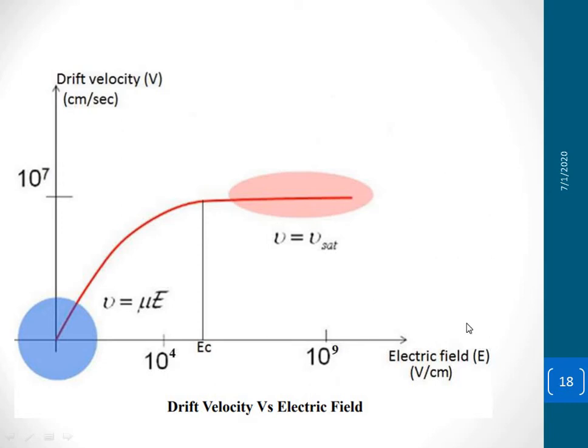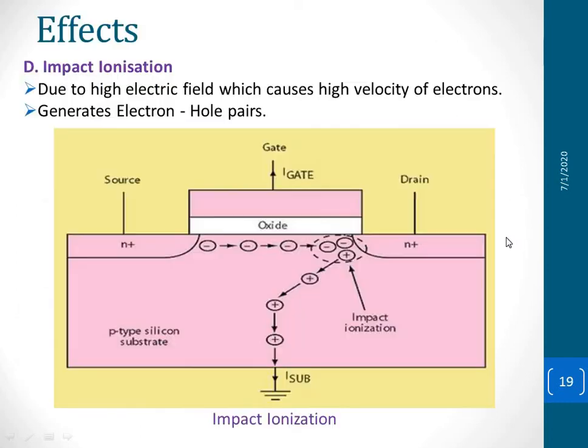Same way, after gaining enough voltage, after scaling down, they are unable to move. Initially, linearly it moved, but here the mobility became constant. V is VSAT. So this is the graph of velocity saturation. Next is the impact ionization.